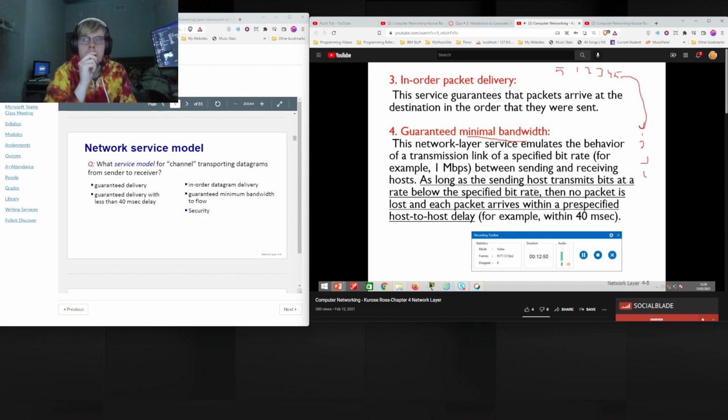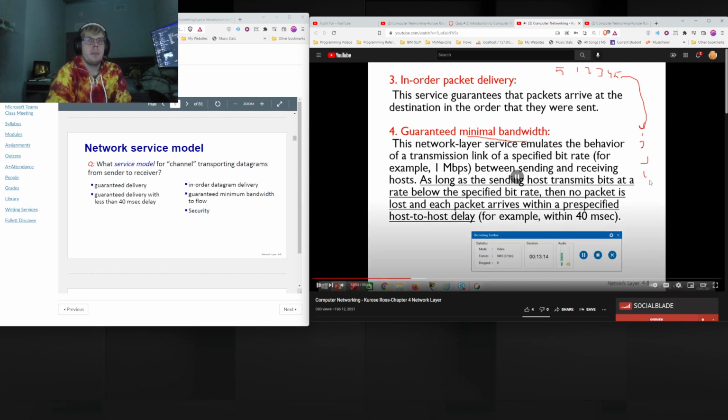As long as the sender host transmits at a bit rate below the specified bit rate, no packet is lost. And each packet arrives within a pre-specified host-to-host delay, within 40 milliseconds.